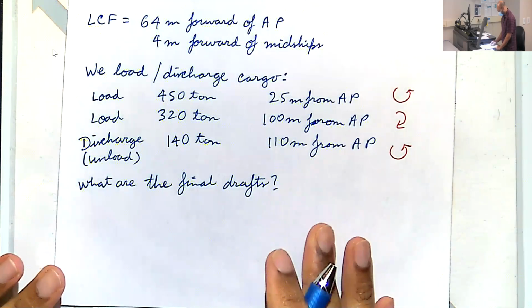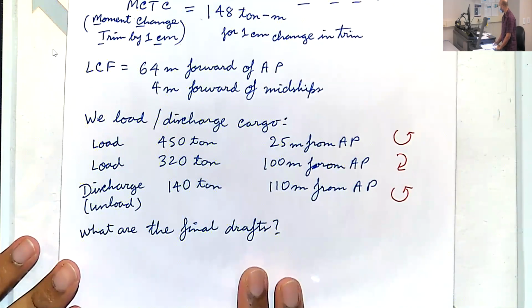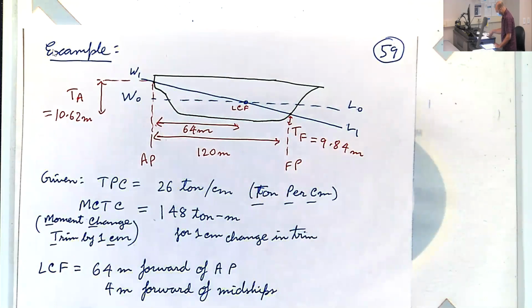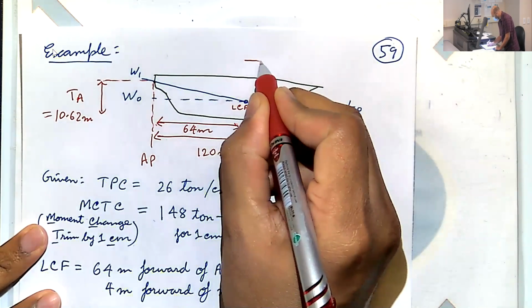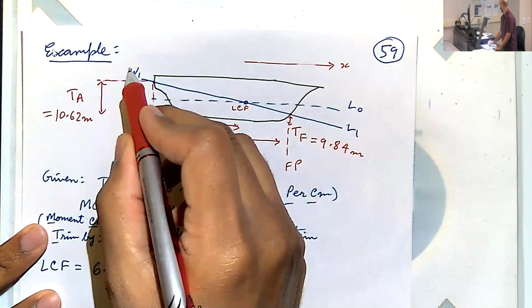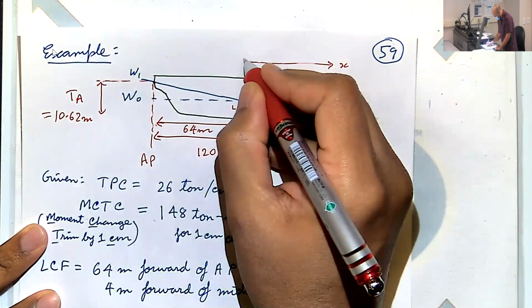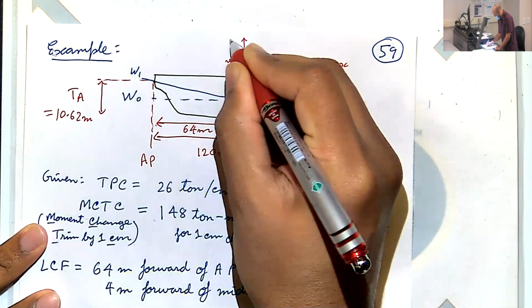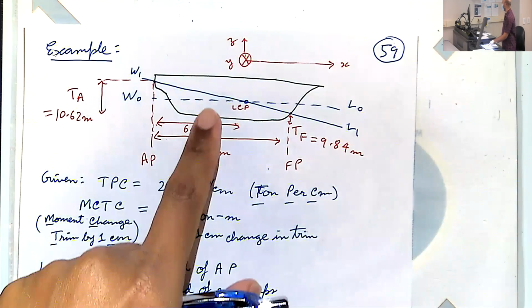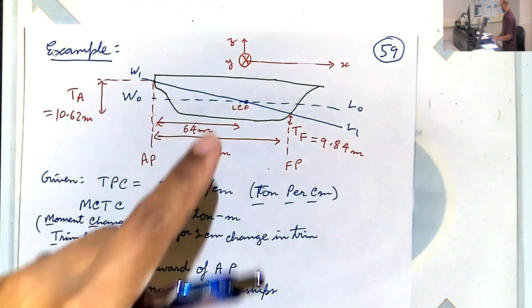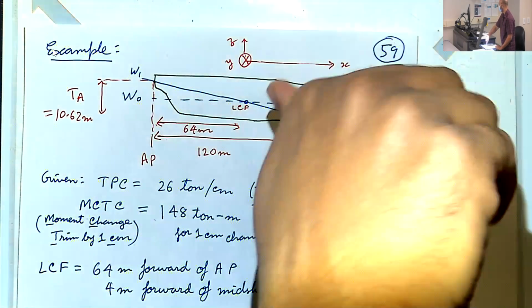So, net change in moment. By the way, I will introduce one confusing thing here. Remember, for us, the x direction is pointing from aft to fore. The y direction is pointing into the paper, and the z direction is up, right? I don't like this because this is not a right-handed coordinate system.